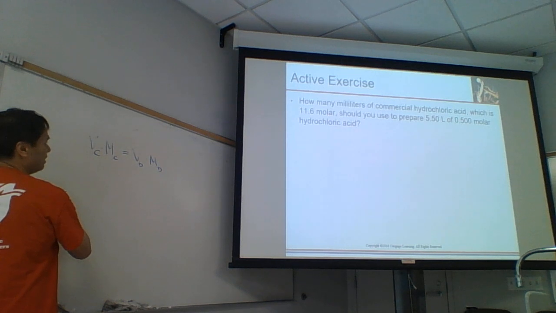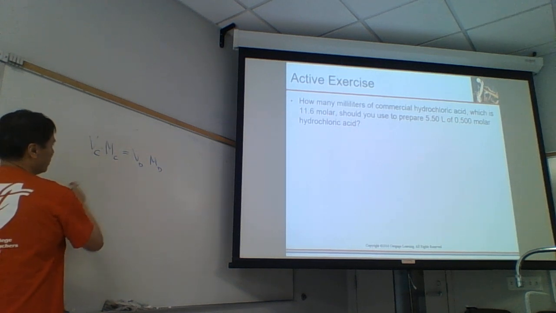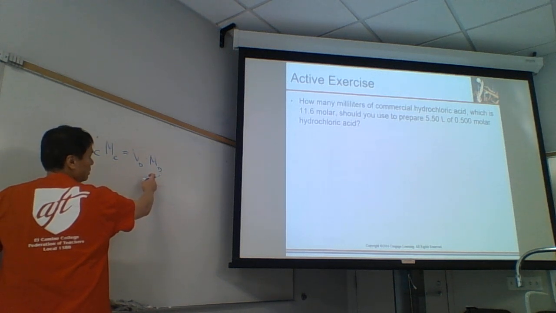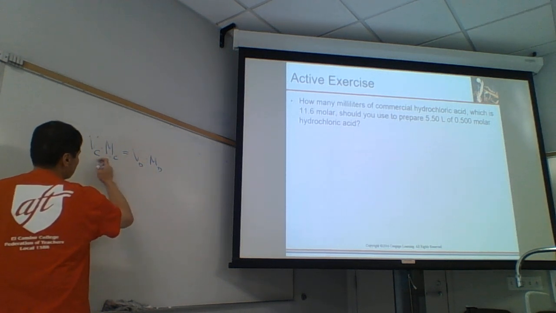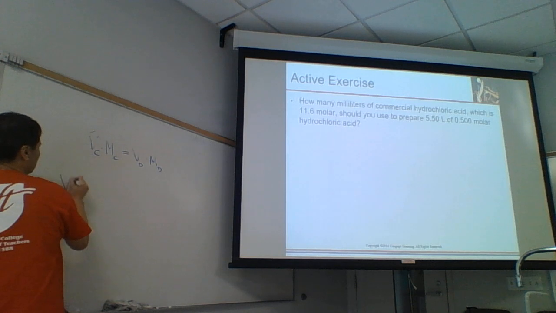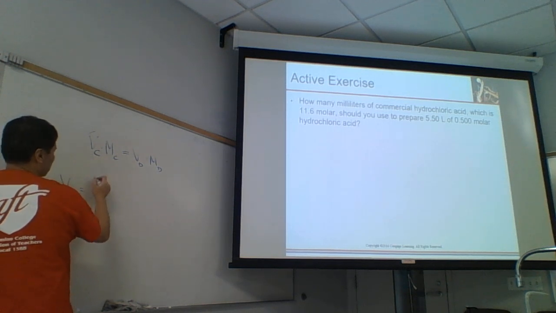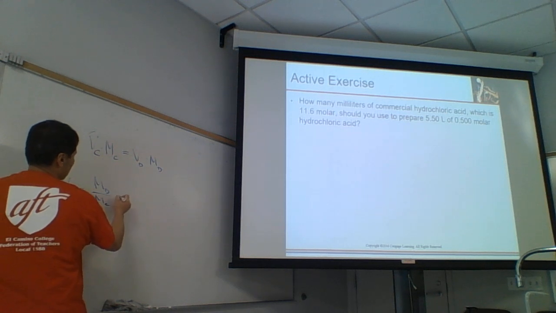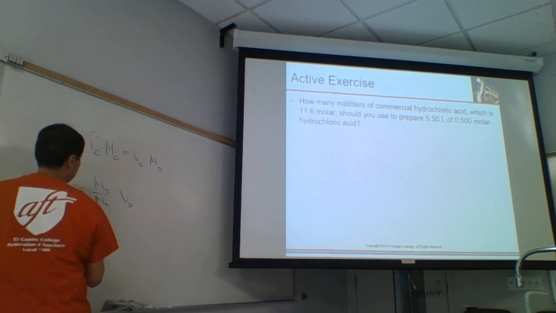They give us the molarity of the concentrated, they give us the molarity of the dilute, they give us the volume of the dilute. And so what's missing is the volume of the concentrated. So the volume of the concentrated is going to equal the molarity of the dilute over the molarity of the concentrated times the volume of the dilute.